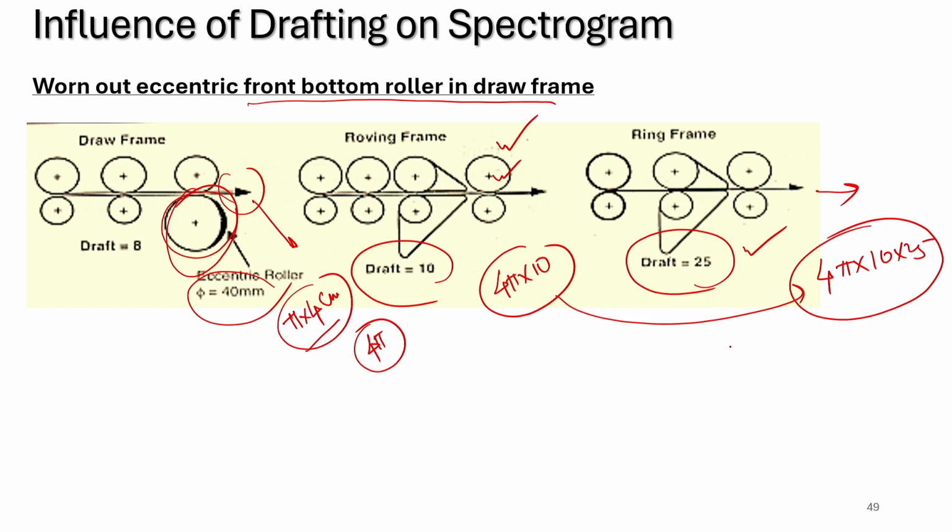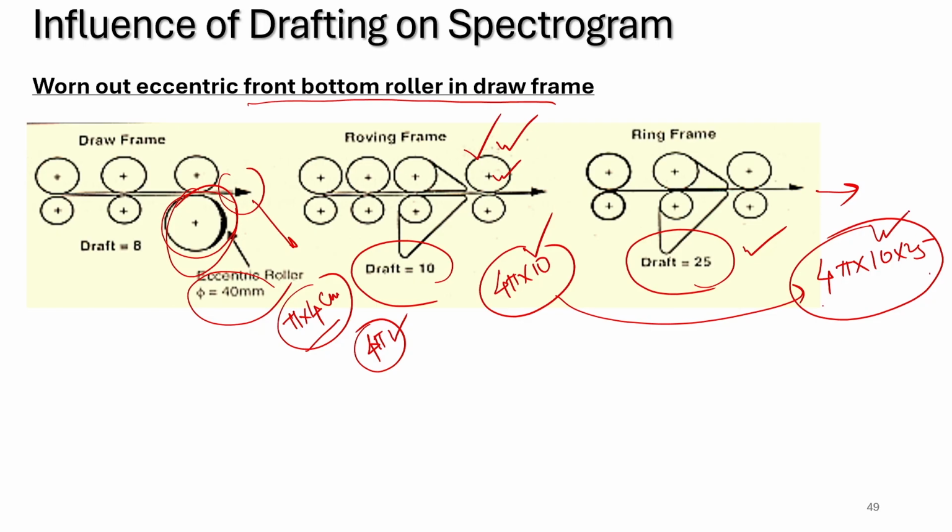So, the position of the peak, or the chimney, for the drawframe sliver will be at 4 pi distance, for roving it will be 40 pi, and then 1000 pi.